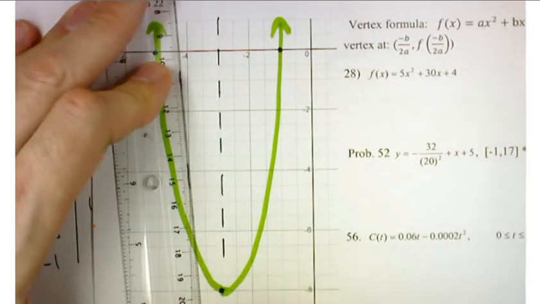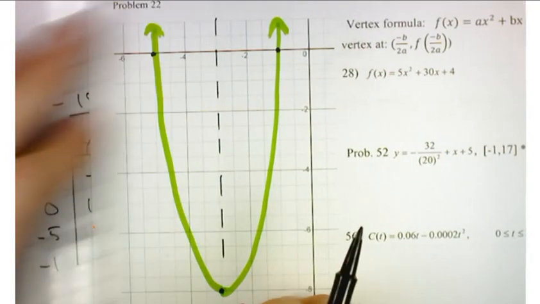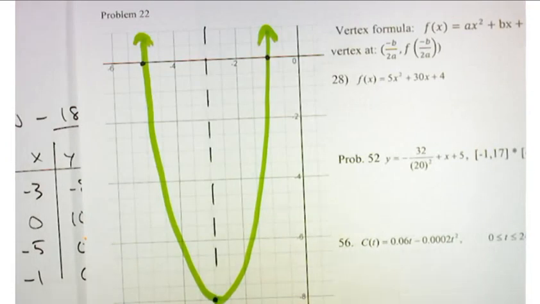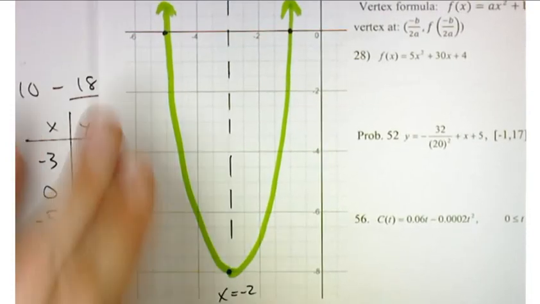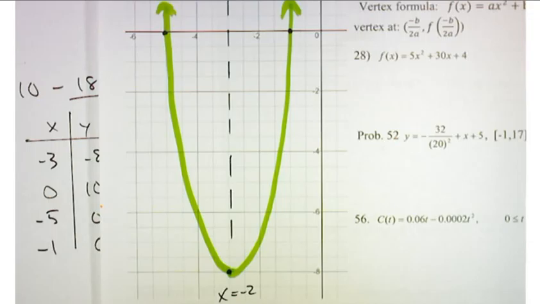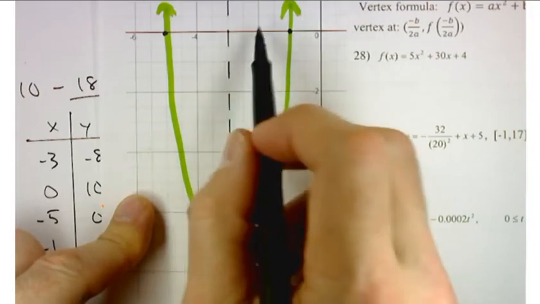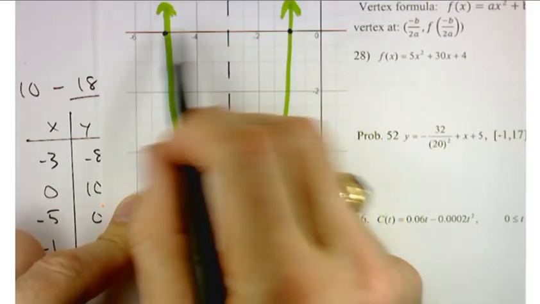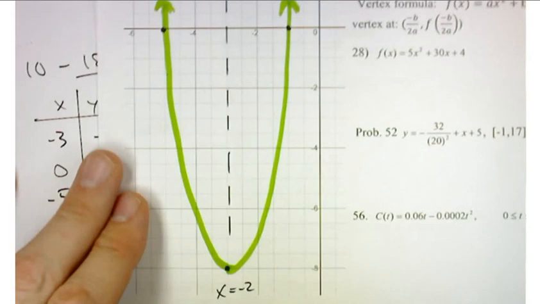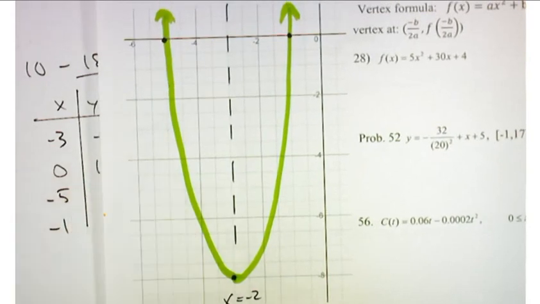And that is x equal -2. That's actually a way to double check your work, is that that line that goes through the vertex and divides your parabola should have points equally spaced on either side. So 1, 2 to the right, 1, 2 to the left, we find intercepts. If your points are not symmetric around that line, then there's a problem.